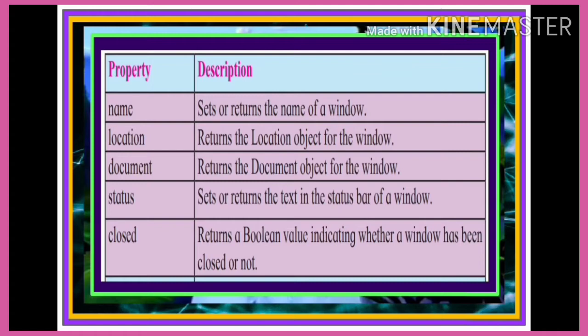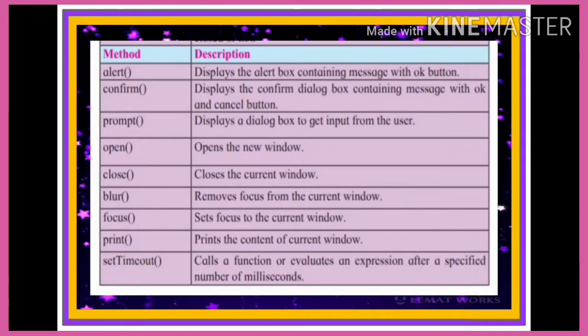Properties of window object like name, location, document, status, closed. Methods of window object: alert, confirm, prompt, open, close, blur, focus, print and setTimeout function. We have also seen the examples of methods of window object.